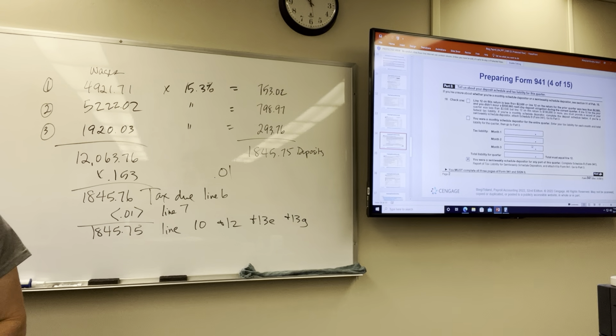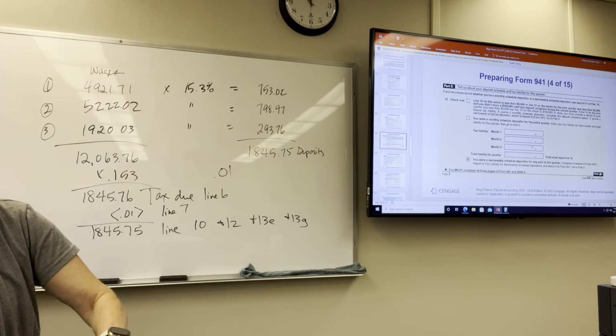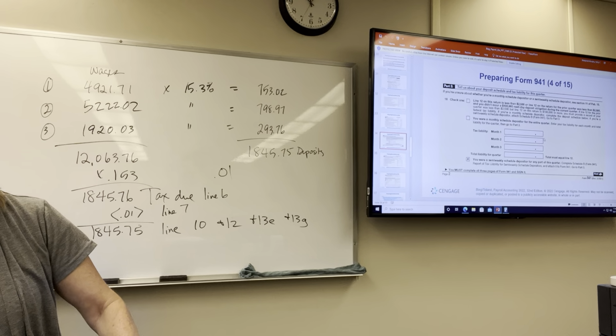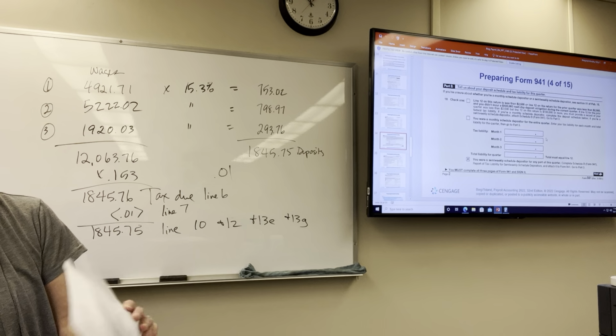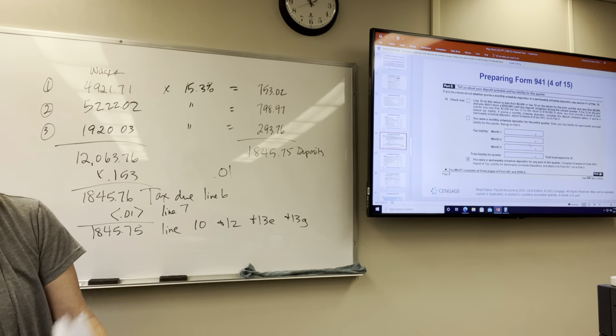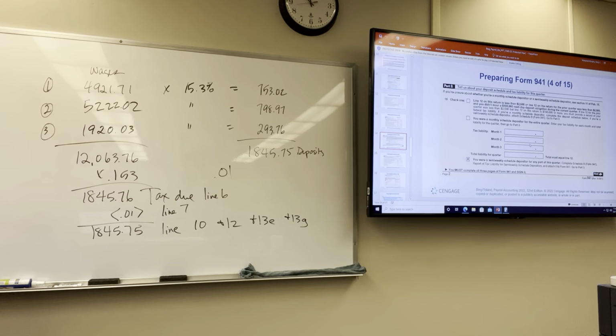Questions about this? I know you've got at least one problem in your homework that caused some heartburn for a few students about how to fill this out, because there were 5 pays in month 1, 4 pays in month 2, and 4 pays in month 3.